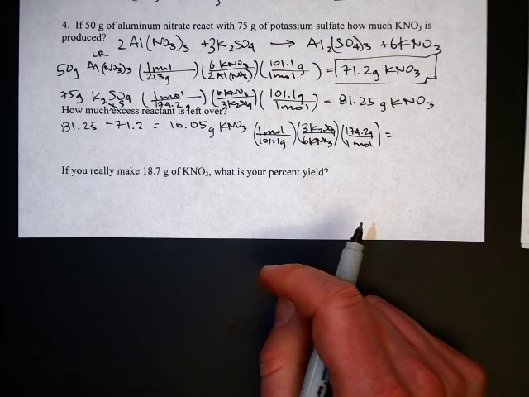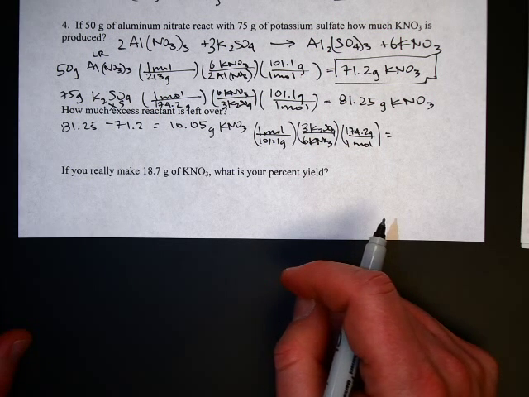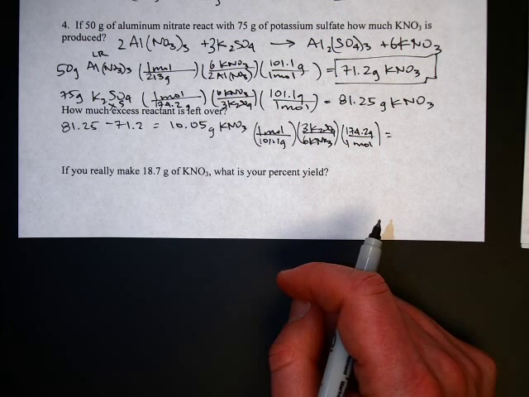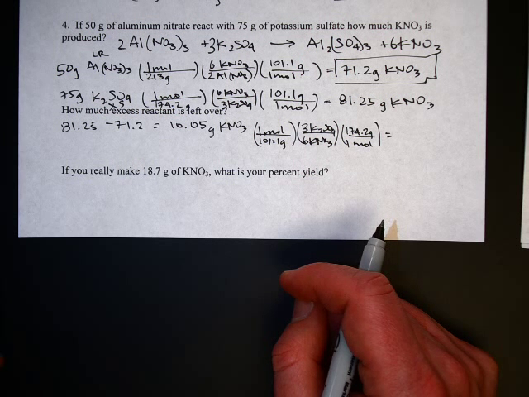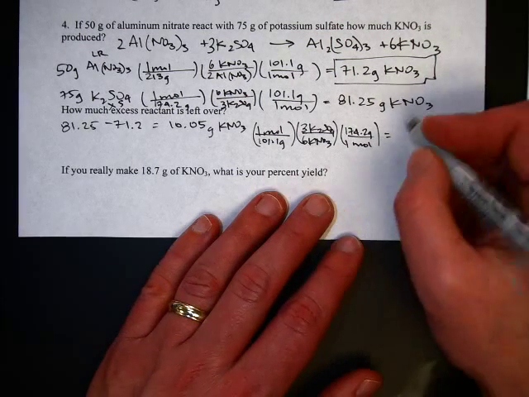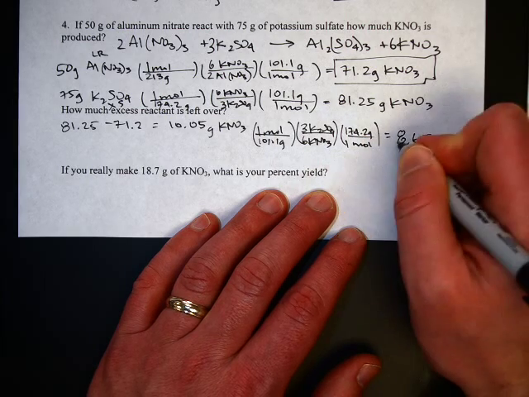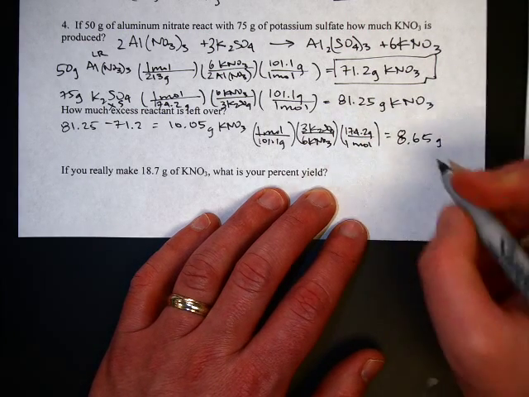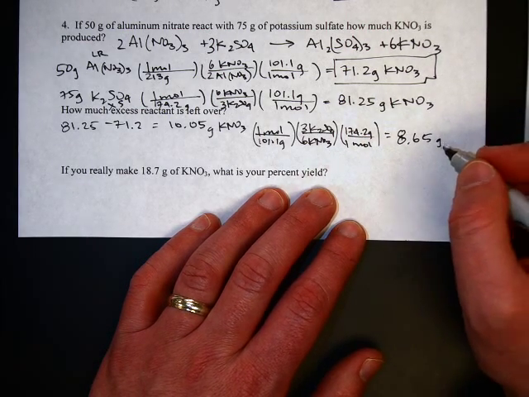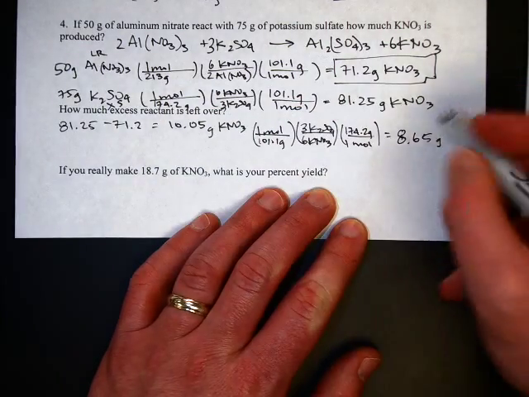So 10.05 times 3 times 174.2 divided by 101.1 divided by 6. I got 8.65 grams left over of K2SO4.